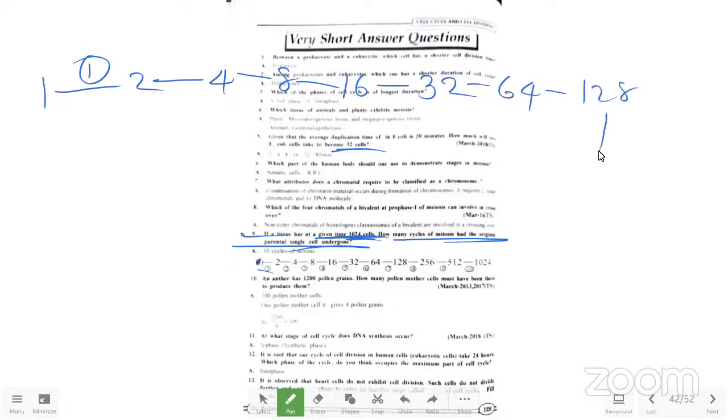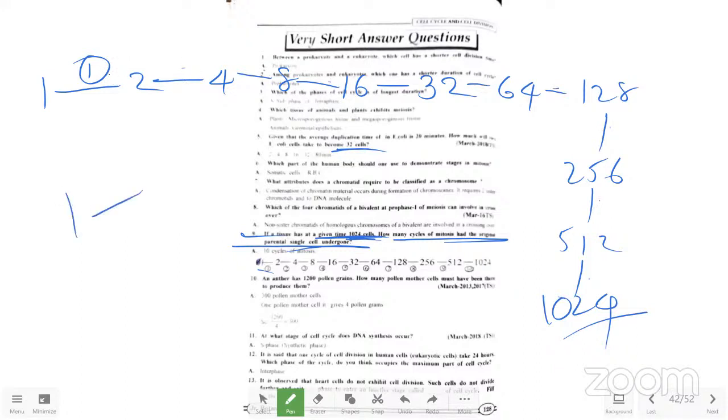One cell will become 2 cells in one mitotic division. 2 to 4, 4 to 8, 8 to 16, 16 to 32, 32 to 64, 64 to 128, 128 to 256, 256 to 512, 512 to 1024. So how many times does the division occur? 1, 2, 3, 4, 5, 6, 7, 8, 9, 10. 10 times the mitotic division occurs for one cell to become 1024 cells.